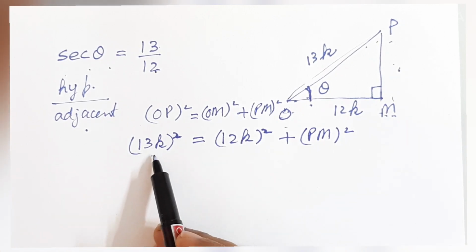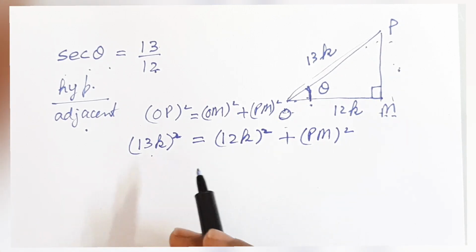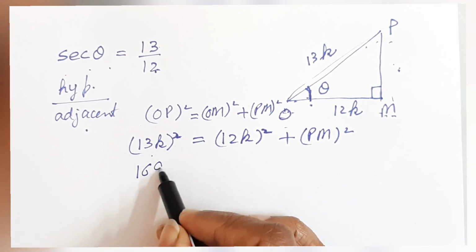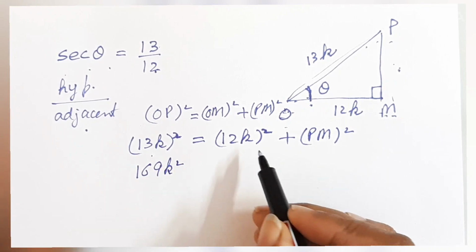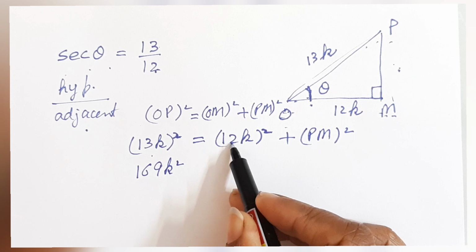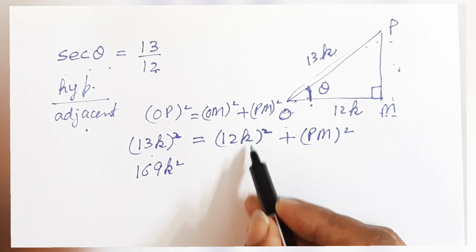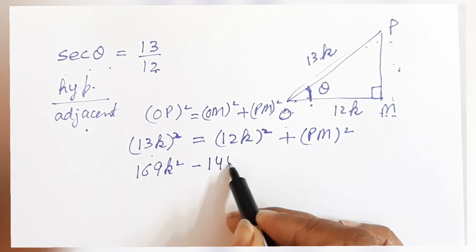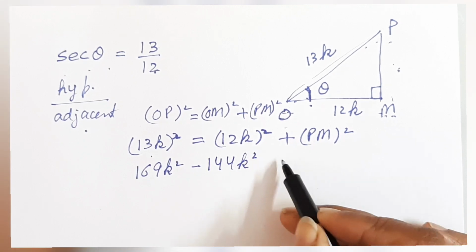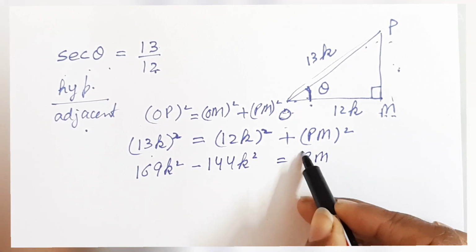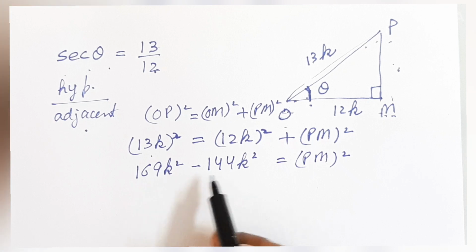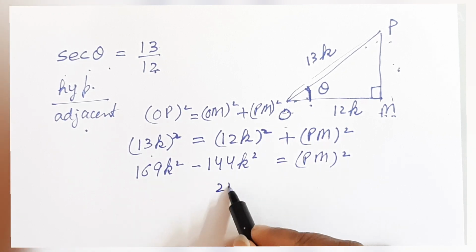Now students, 13 square is 169K square. And 12 square is 144. So this is minus 144K square, that is equal to PM square. So 169 minus 144 is 25.